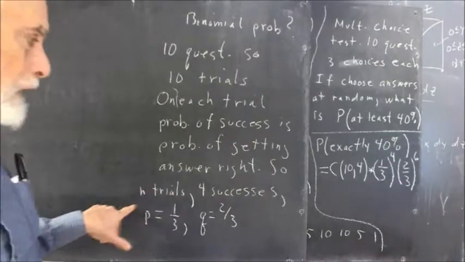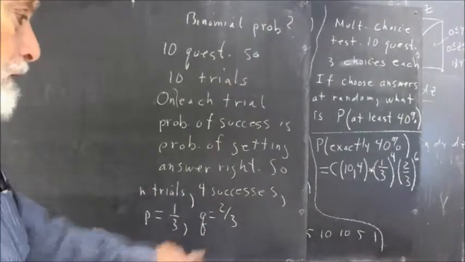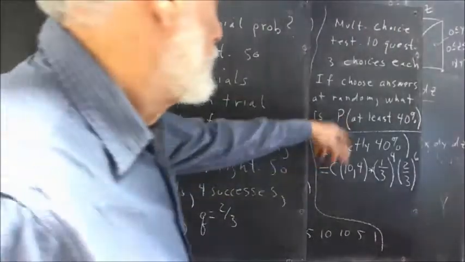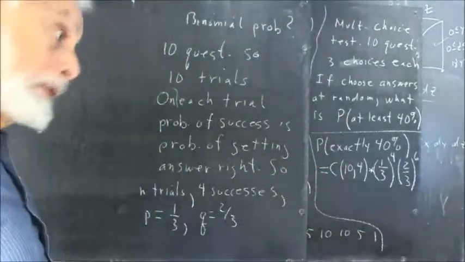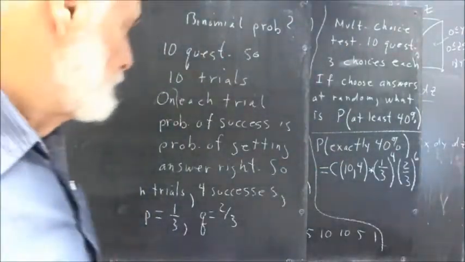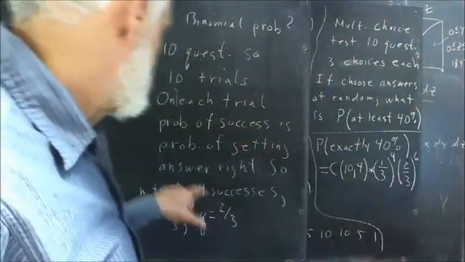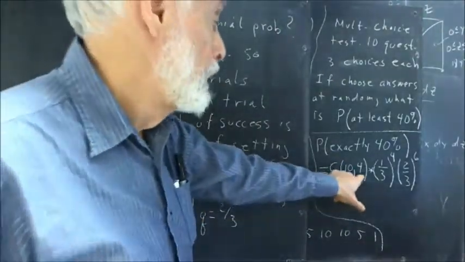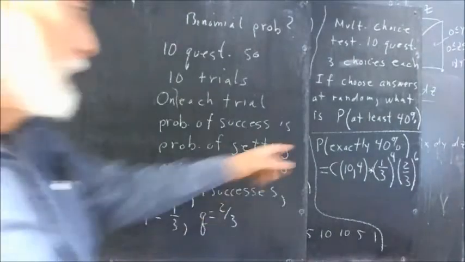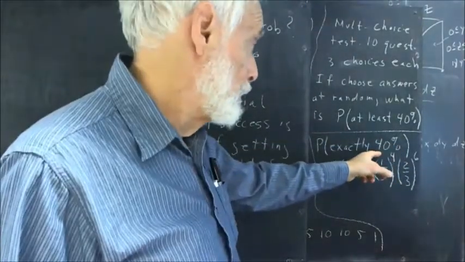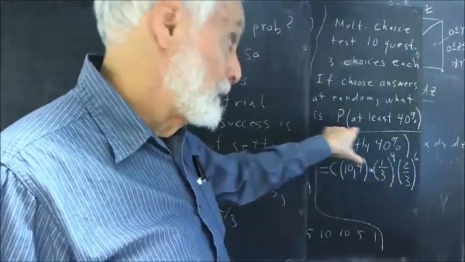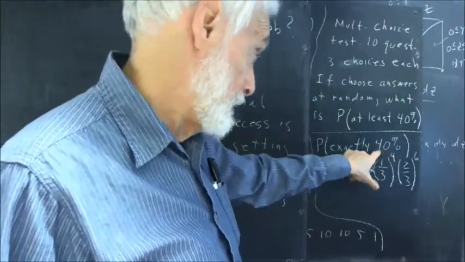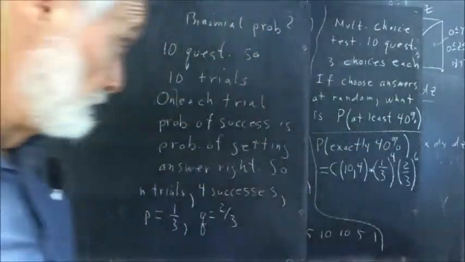So we have N, we have R, we have P, we have Q. We can fill that into the formula, okay? And we're going to get C of NR, which is C of 10 trials for 4 successes. Now, what we're getting is a probability of exactly 40%. That's not the same as a probability of at least 40%, but it's an illustration.